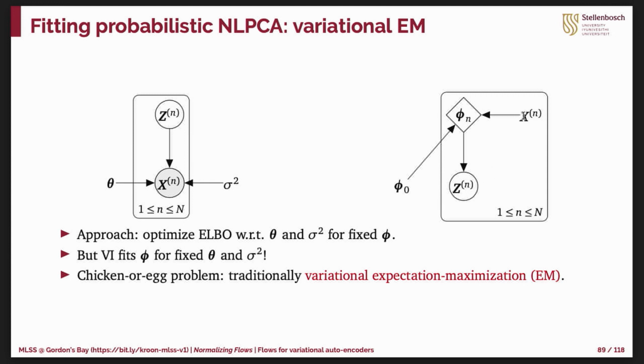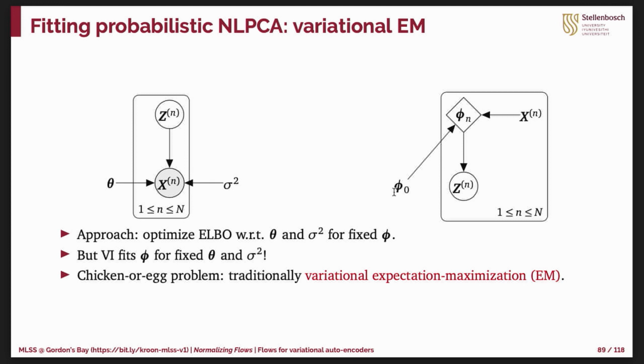And when we're using amortized inference, we are determining Zn based on Xn by computing the variational parameters for Zn by using a network with parameters phi 0.